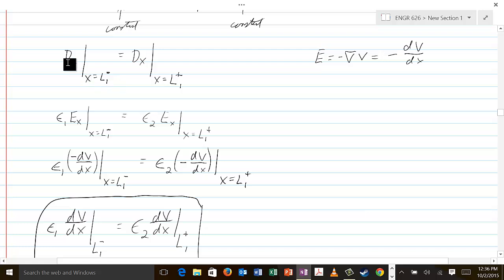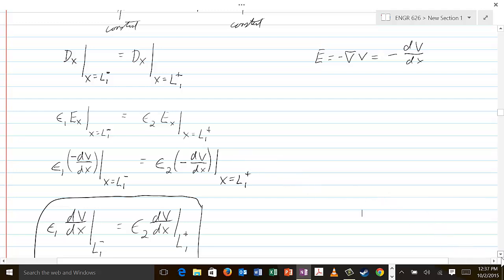So keeping in mind that d is equal to epsilon e, then dx becomes epsilon ex. Now just to the left of L1, that becomes epsilon 1 ex, because just to the left of L1, epsilon is equal to epsilon 1. But just to the right of L1, dx is epsilon 2 ex. So we have epsilon 1 ex evaluated at x equals L1 minus is equal to epsilon 2 ex evaluated at x equals L1 plus.